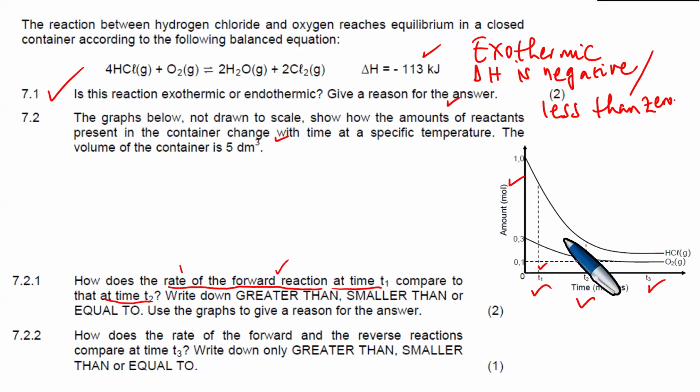And if the moles decrease, equilibrium is reached at some point. So now we are asking the question, how does the rate of the forward reaction at time t1 compare to that at time t2? The rate of the reaction here and the rate of the reaction there. Let me just remove this little bit.